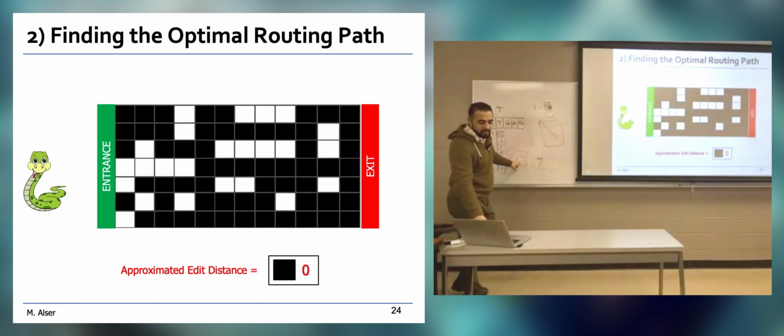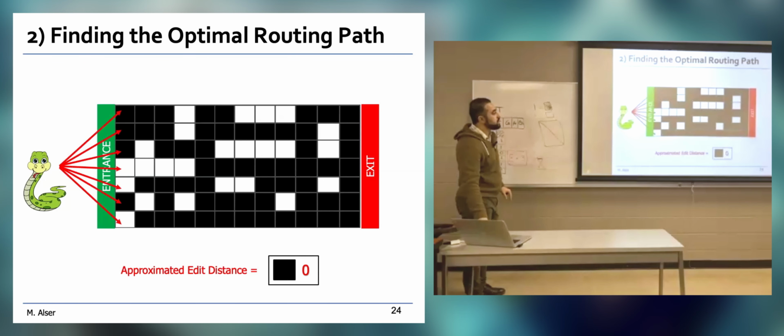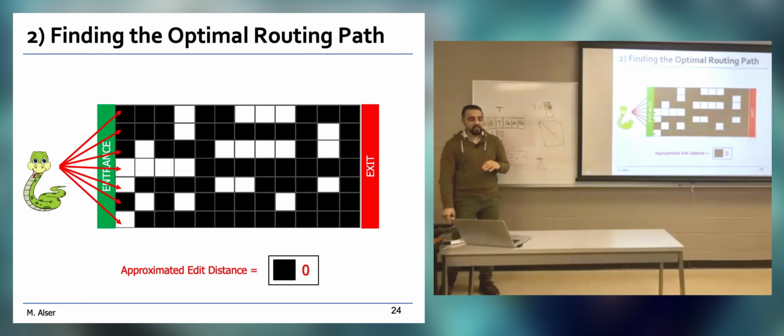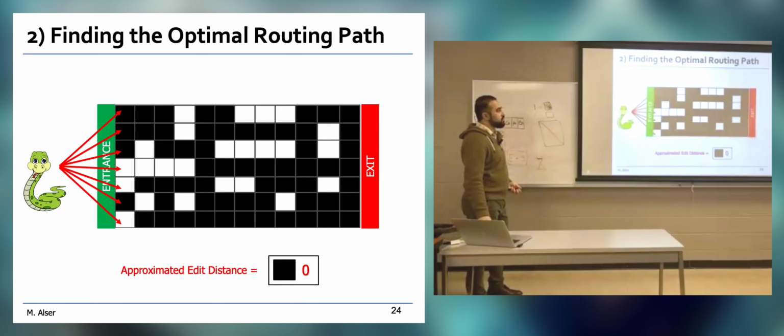Let's see it. The very first step is to look horizontally at how many steps we could move forward. Remember, we cannot move through the black boxes, so we have to move forward through the white boxes only. How many white boxes do we have in the first row? Nothing. Here, nothing, 0. Here, how many? 1, 2, 3, 4.